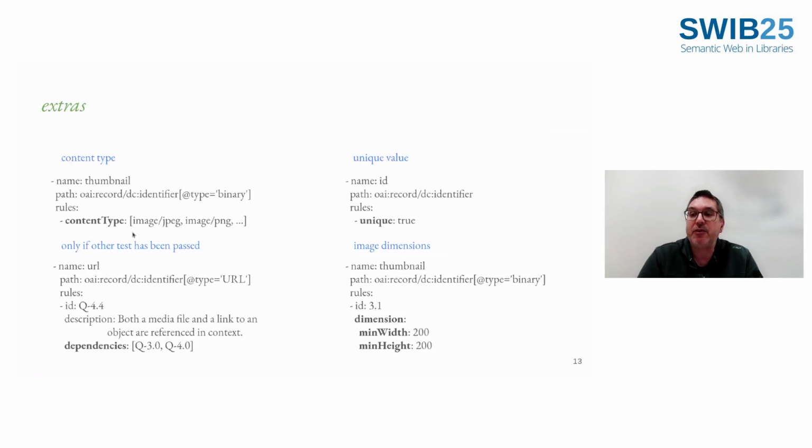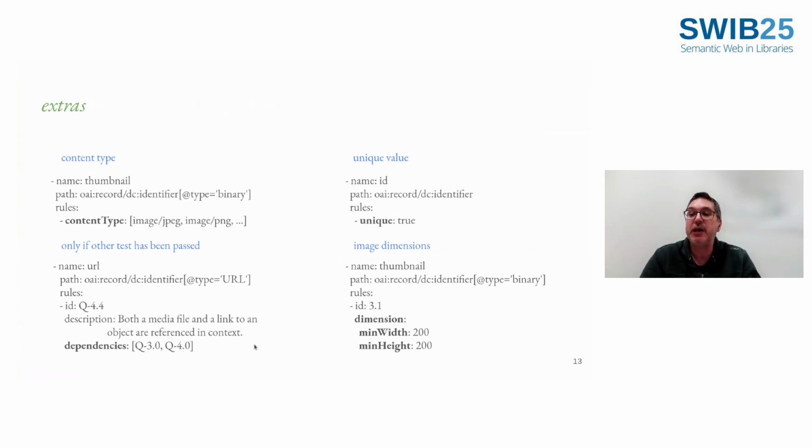As mentioned before, real-life scenarios required extending the original rule set. Here are 4 of them. Checking the content type, that issues an HTTP call. Checking if the value is unique. That requires preliminary indexing that is also part of the tool. Setting dependencies between constraints.